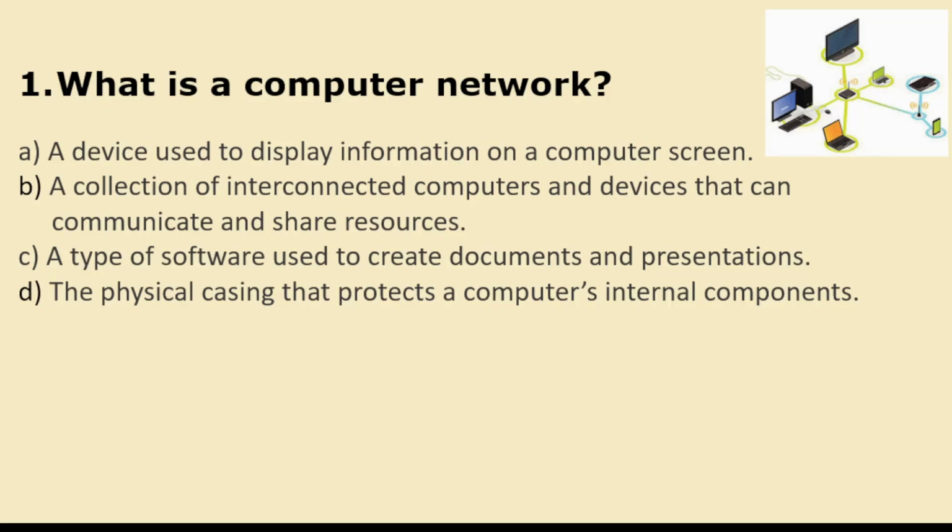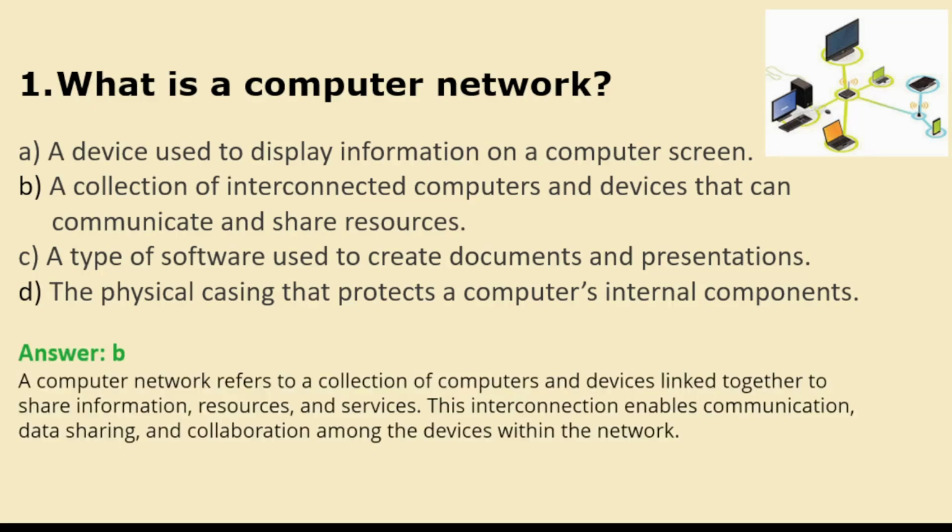D. The physical casing that protects a computer's internal components. Correct answer is B. A computer network refers to a collection of computers and devices linked together to share information, resources, and services. This interconnection enables communication, data sharing, and collaboration among devices within the network.